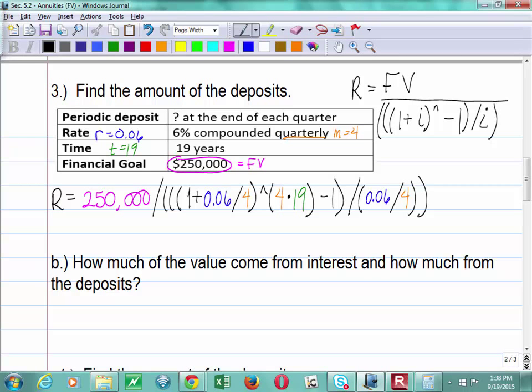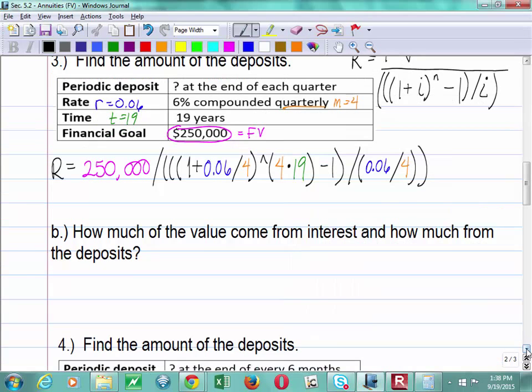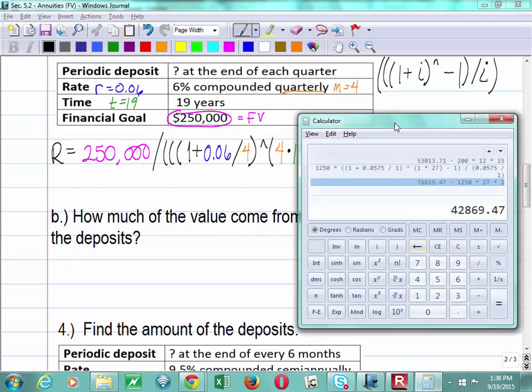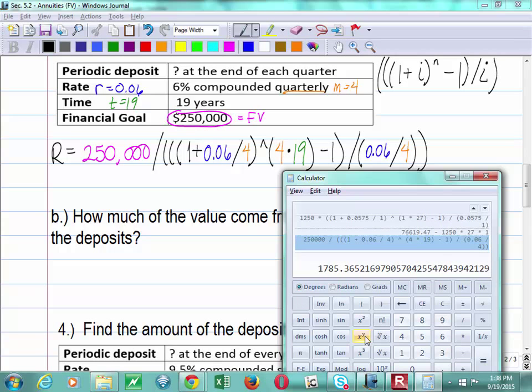And then we're going to plug that into the calculator. Okay, 1785.37.